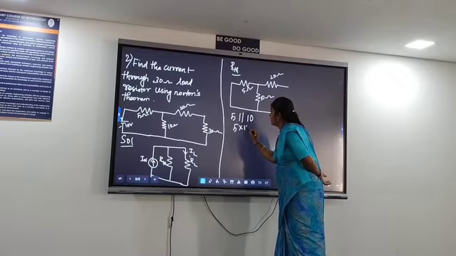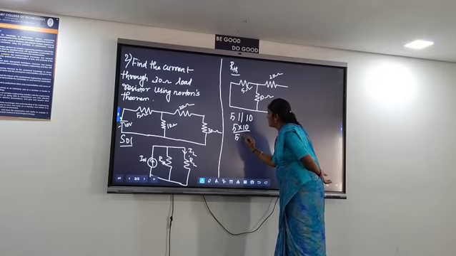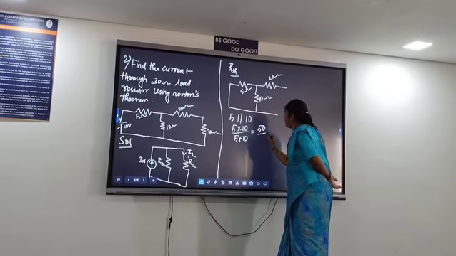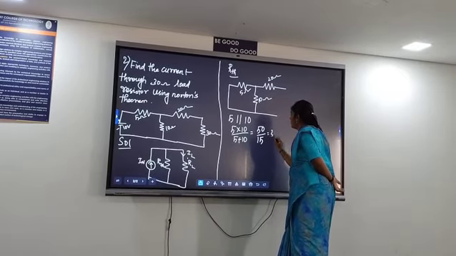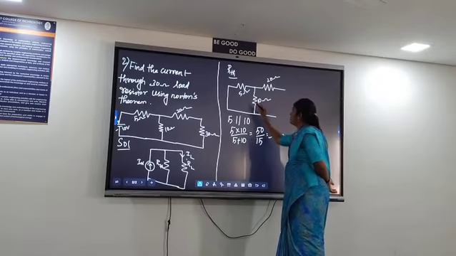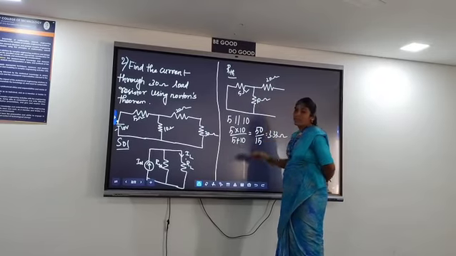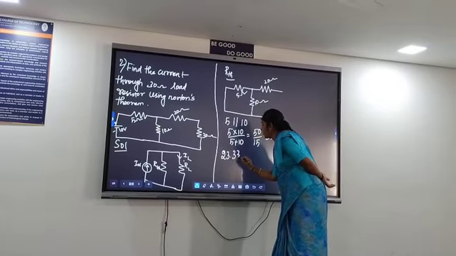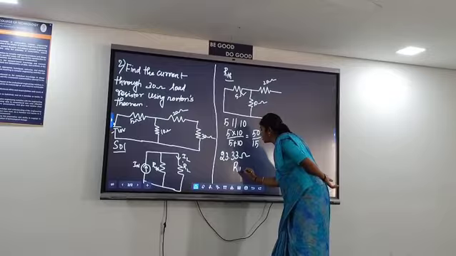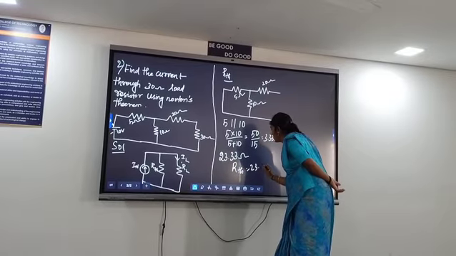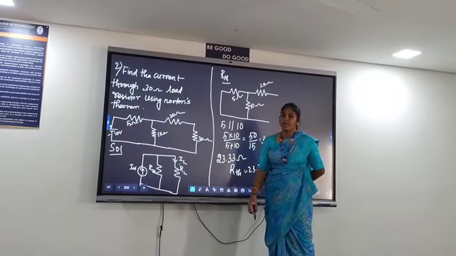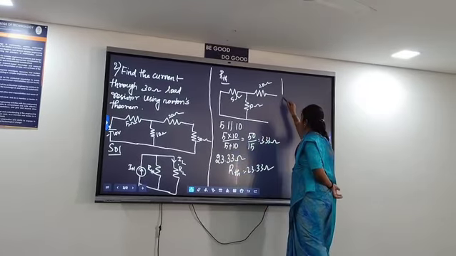So 5 cross 10 divided by 5 plus 10 is 50 divided by 15, which is 3.33 ohm. This 3.33 ohm is in series with the 20 ohm resistor, so it becomes 23.33 ohm. So the value of RTH becomes 23.33 ohm.